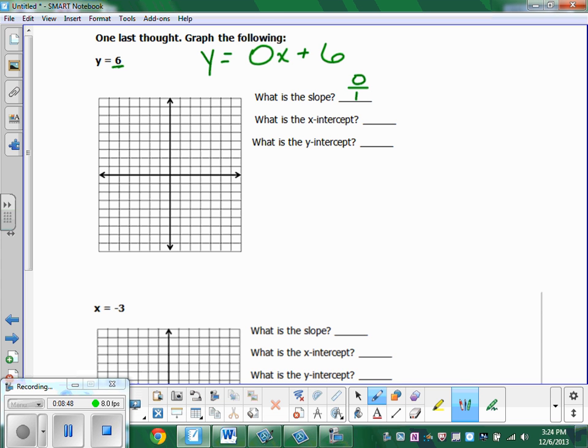Let's go ahead and start to graph this then. When y equals 6, 1, 2, 3, 4, 5, 6, there's our y-intercept. But wait a second, if we follow our slope, we have 0 change in the y-axis, yet a change of 1 in our x-axis.